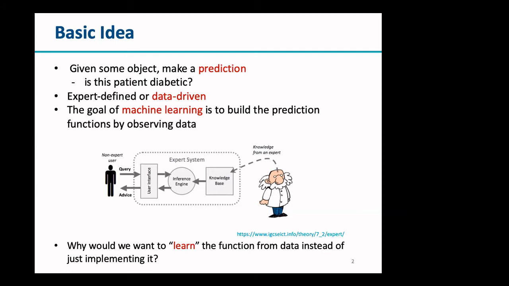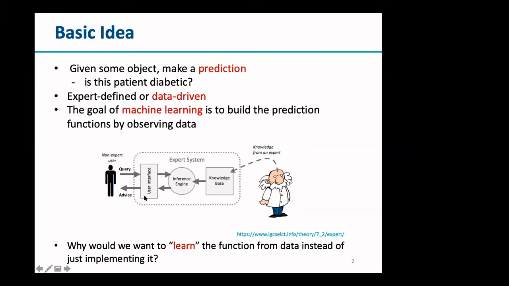So the main parts of the expert system are the knowledge base and knowledge acquisition from an expert. With this knowledge base, a non-expert user can ask a query from this expert system, and the system will provide some advice.